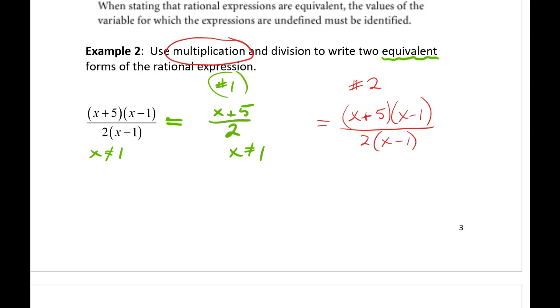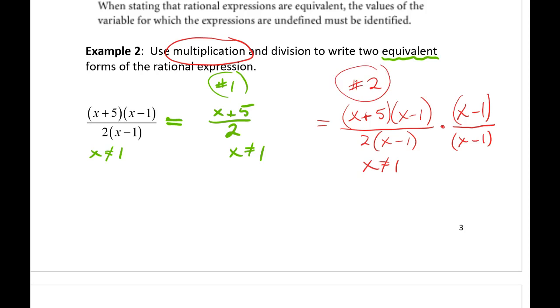And now I want to multiply by something without introducing a new NPV. Well, remember, our NPV here is x can't be 1. So what I could do is I could multiply by x minus 1 and x minus 1. So now again, this is equivalent. It has the same NPVs. All right?